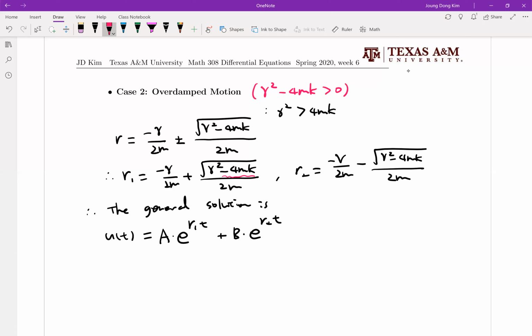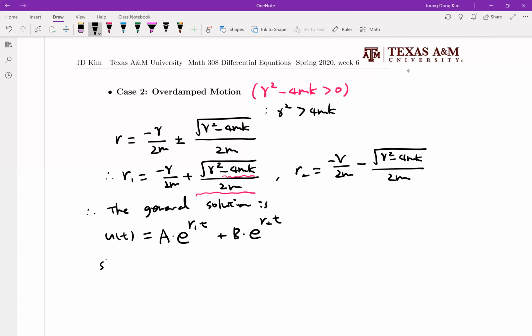But you subtract 4mk, which is a positive value. So gamma square minus 4mk is less than gamma square. Which means this square root of gamma square minus 4mk over 2m is a smaller number than gamma over 2m. Does it make sense? So a big negative value plus a small positive value means r1 is also a negative value, right?